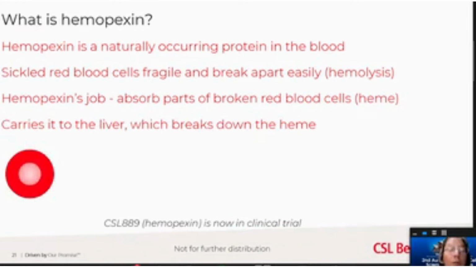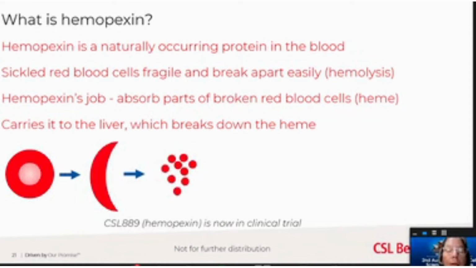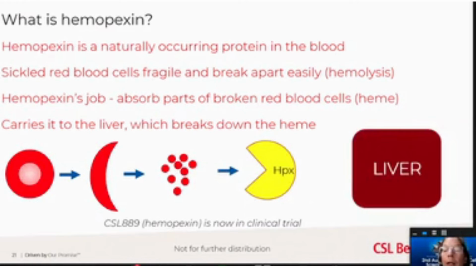And here's just a cartoon to help make this a little bit visual. A red blood cell, as it sickles, can break down, releasing free hemoglobin. That free hemoglobin can denature, yielding free heme in the circulation. And hemopexin's job is to bind to that free heme and then transport it to the liver, where primarily hepatocytes, through the CD91 receptor, take up that hemopexin complex and break it down.